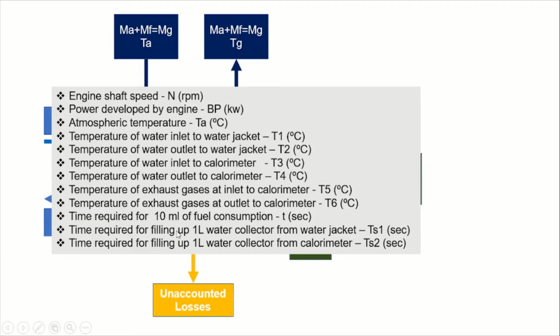Also the time required for filling up the 1 liter water collector from the water jacket, and the time required for filling up the 1 liter water collector from the calorimeter.